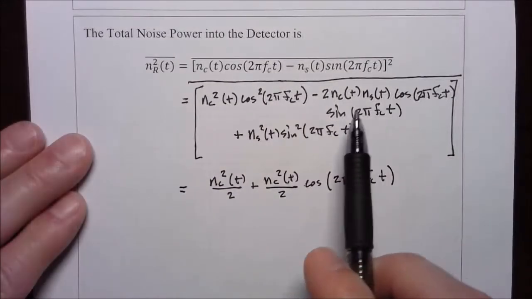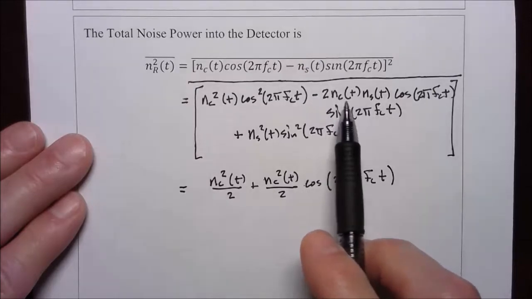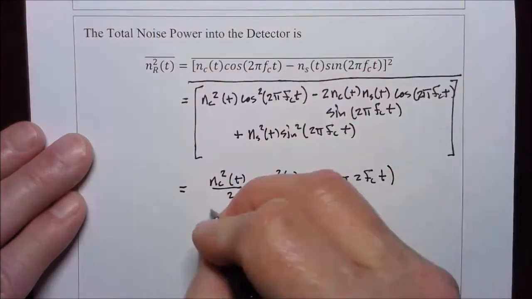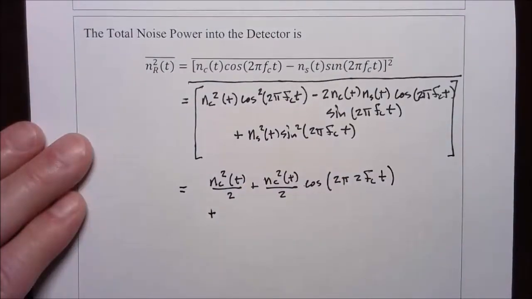Okay, the next term is a cosine times a sine times 2NC times NS. So we add, and then when we take a cosine times a sine, we get a 1/2, which cancels this 2.